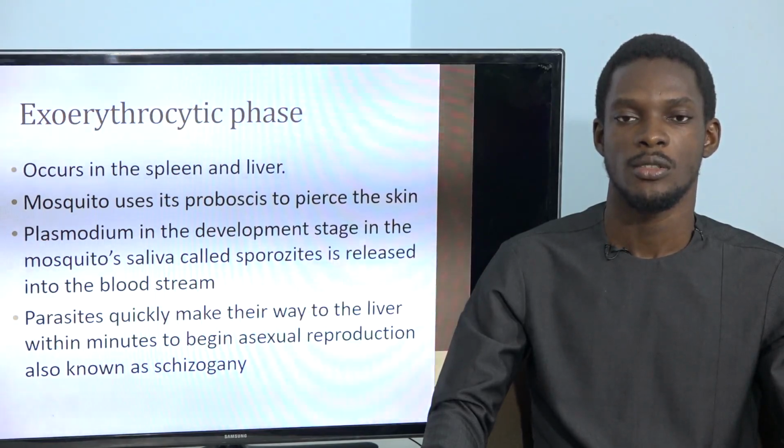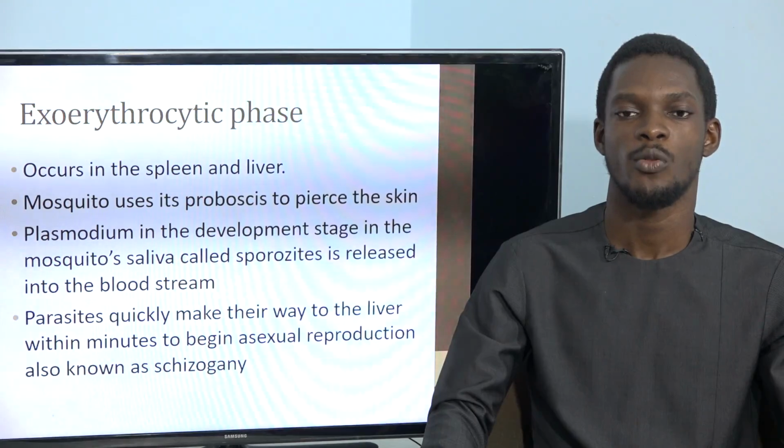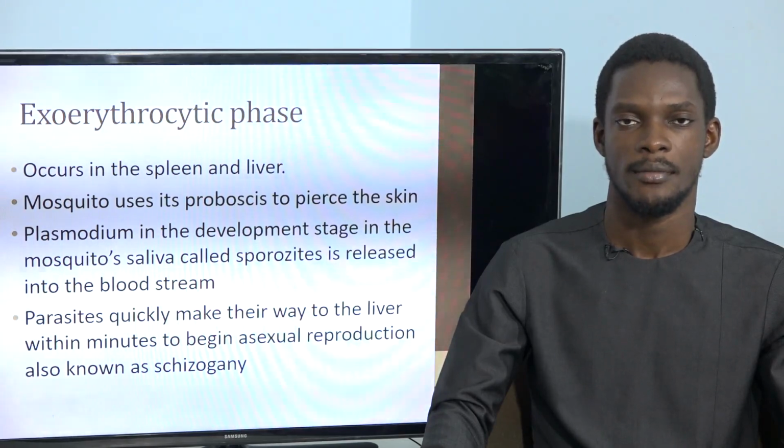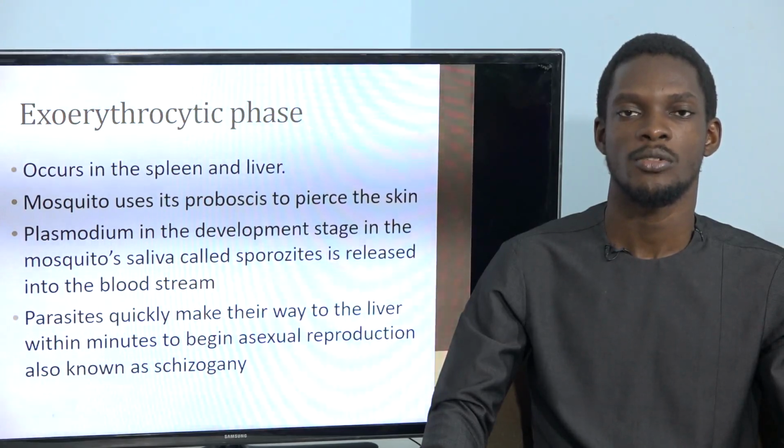These sporozoites quickly make their way to the liver within minutes and begin to multiply asexually. And this multiplication is known as schizogony.